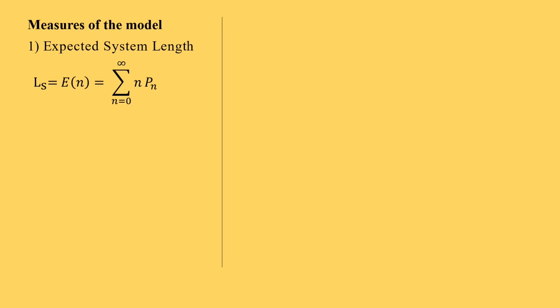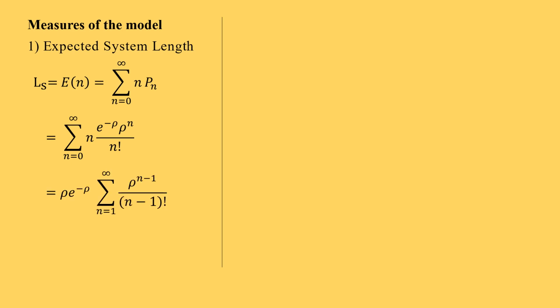So first measure is the expected system length, which is the expectation of n, that is summation n Pn, n running from 0 to infinity. Now this is the derivation of the mean of a Poisson distribution. So the steps follow and we get the value equal to rho, the most expected value.